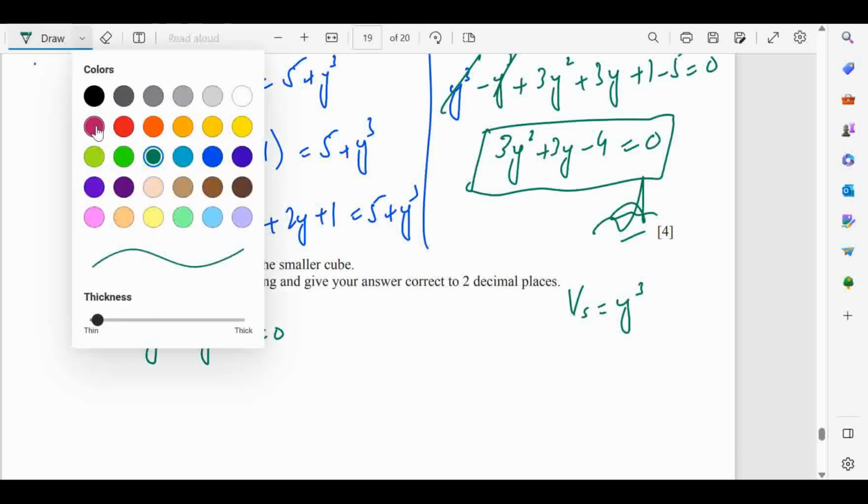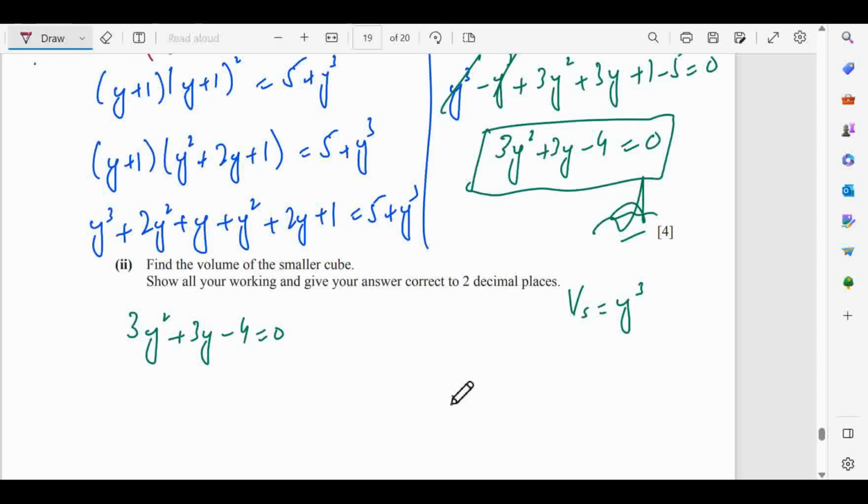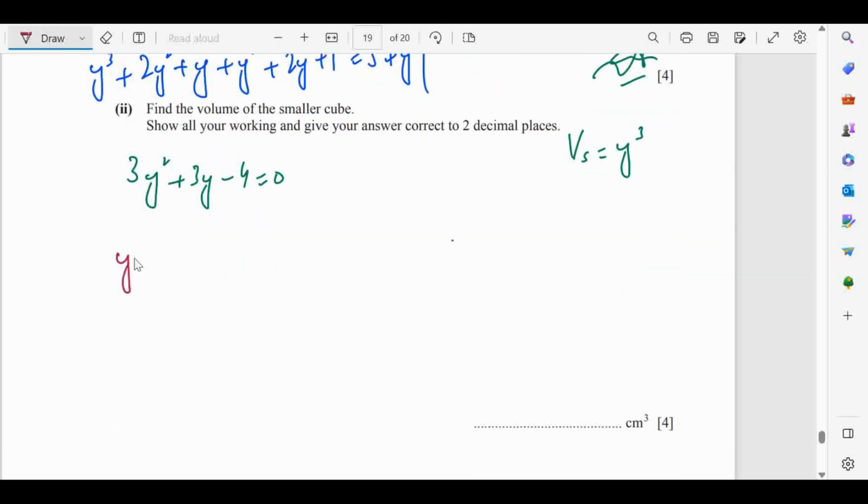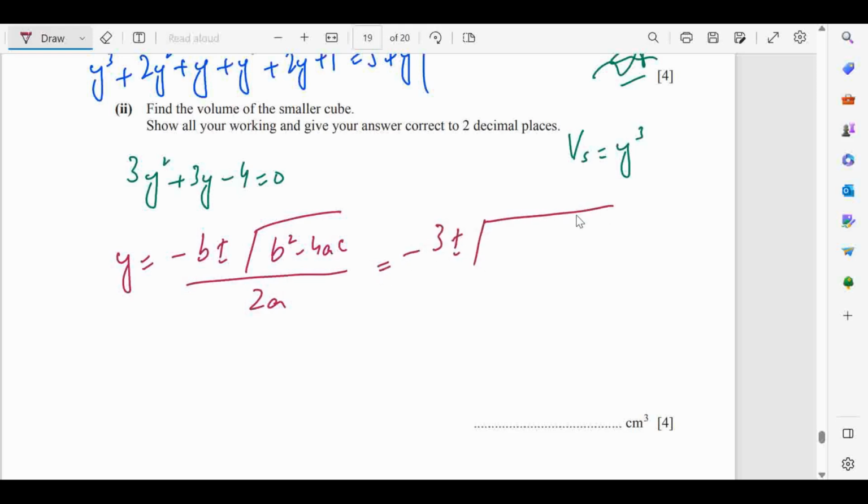Now we can use the quadratic formula, that will be y is equal to minus b plus minus square root of b square minus 4ac, whole divided by 2a. So it means minus b, minus 3 plus minus square root of 3 square minus 4 into 3 into minus 4, whole divided by 2a. 2a means this must be 6.